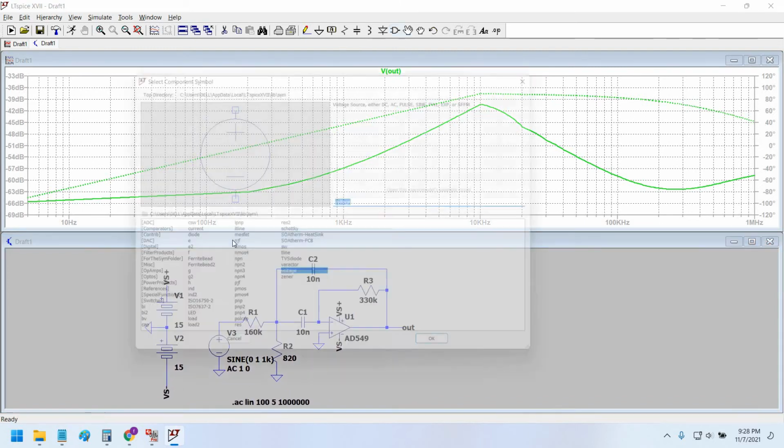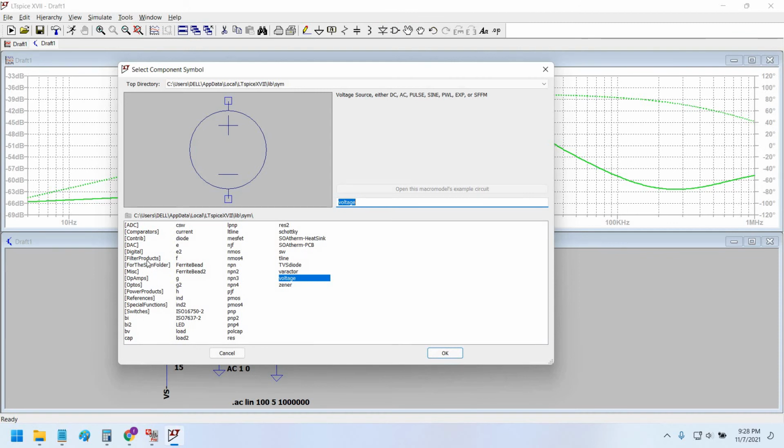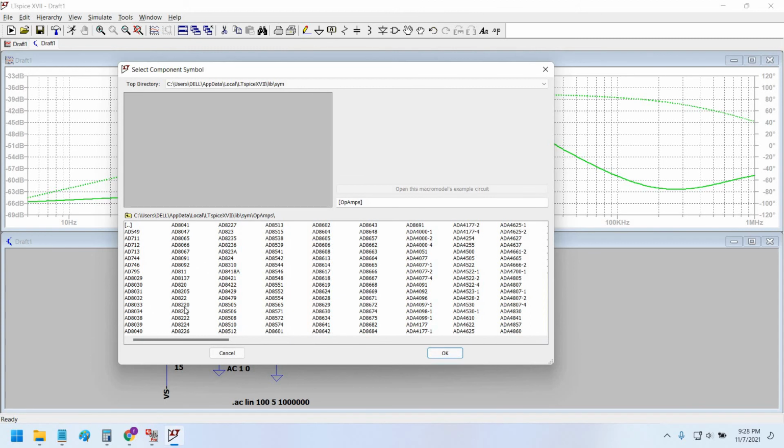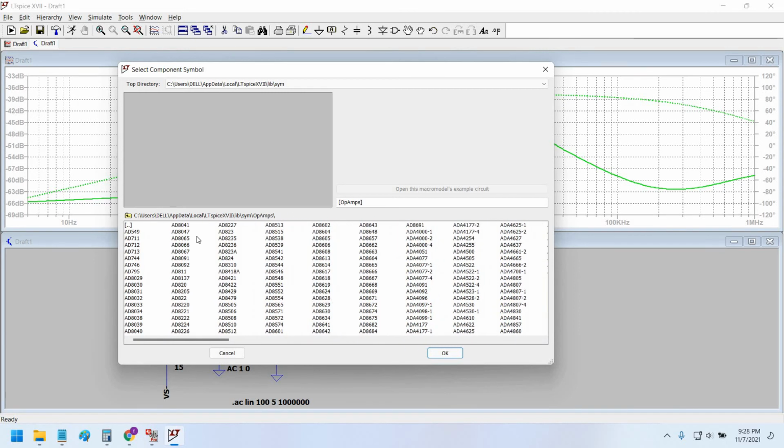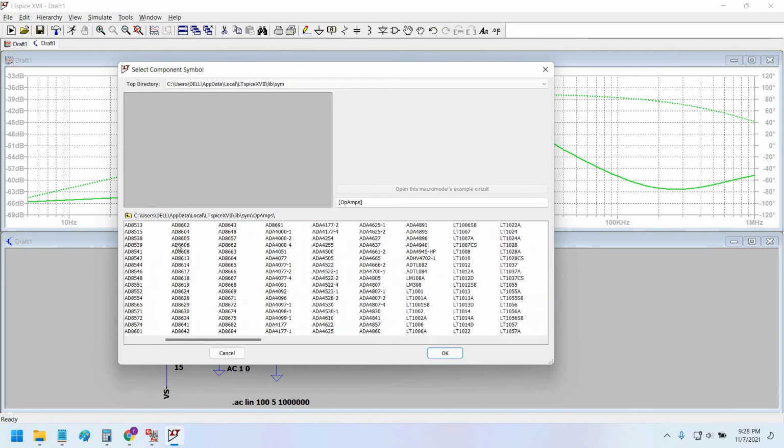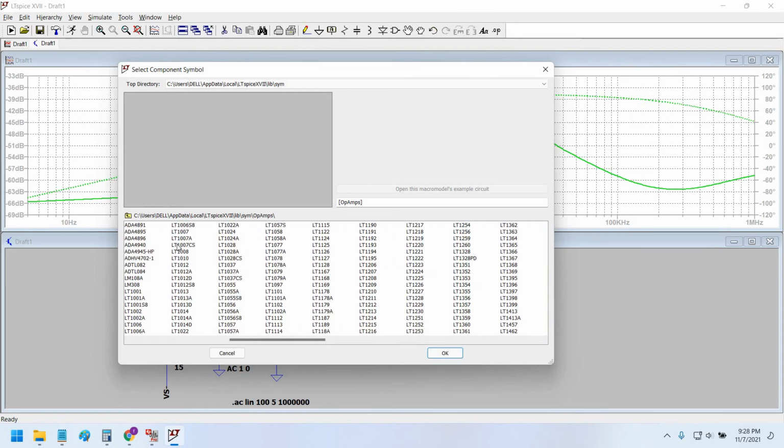Let's try to choose another op amp. Maybe there is some problem with the amplifier. Which operation amplifier should be selected?